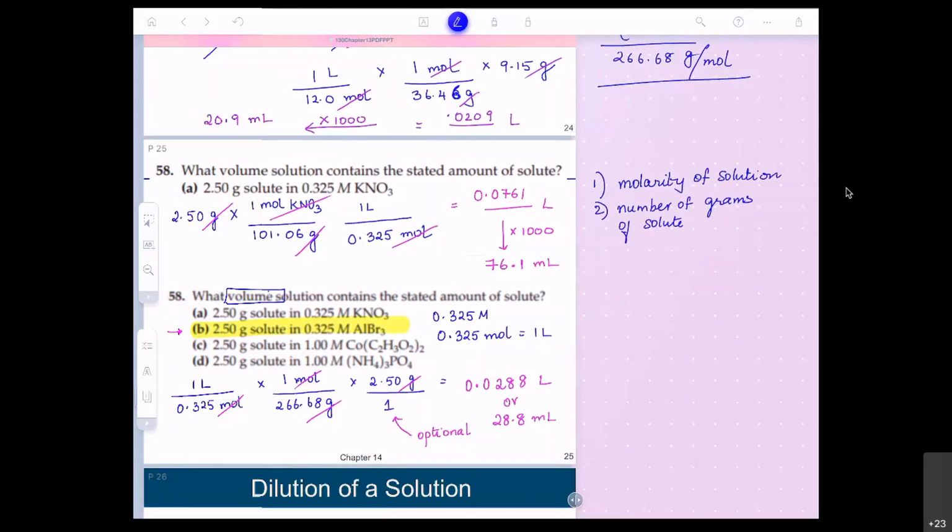You can be asked to calculate molarity of a solution, number of grams of solute. You can be asked to calculate volume of solution. This one, of course, you have a choice of unit. It can be milliliters or liters, or if you're specifically told one, you just stick with that. This one, you're going to come up with a unit M, and this one, of course, is going to be grams. So these are the 3 types of problems that we've completed.